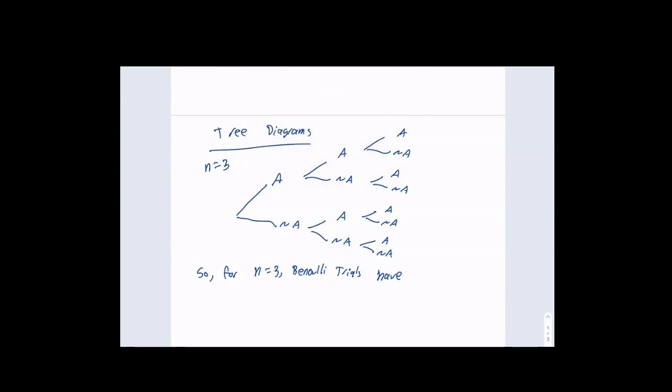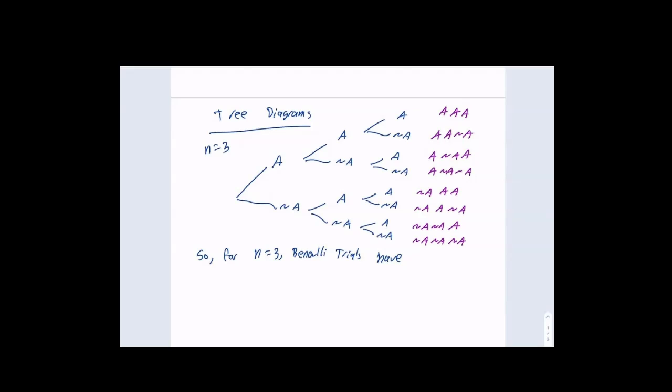My outcomes could be A, A, A; A, A, not A; A, not A, A; A, not A, not A; not A, A, A; not A, A, not A; not A, not A, A; and not A, not A, not A. So how many possibilities were there? We can just count them. 8.